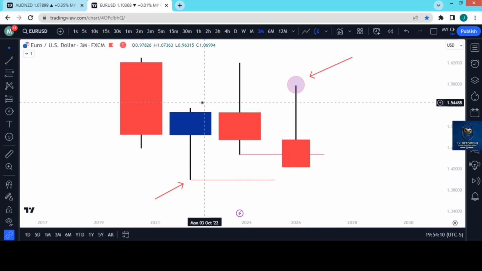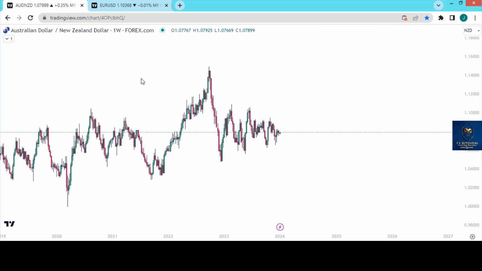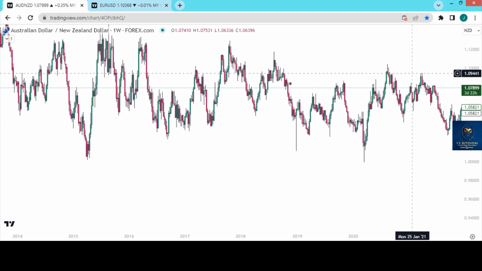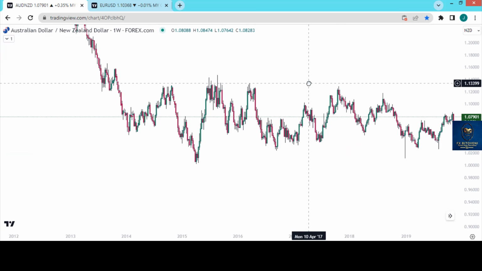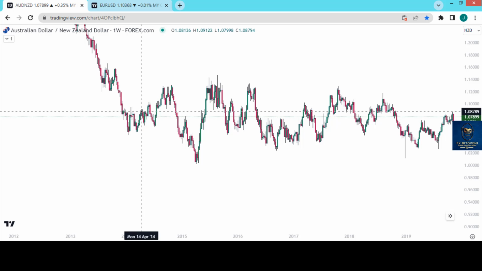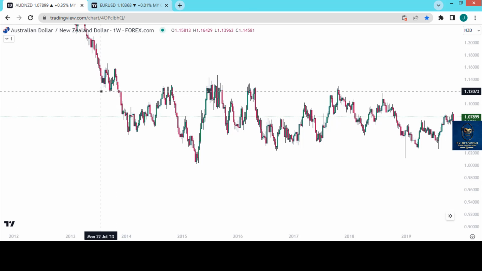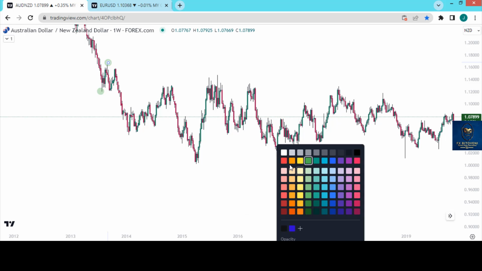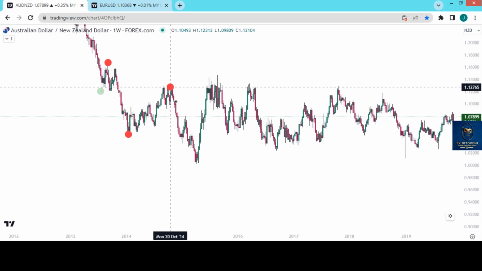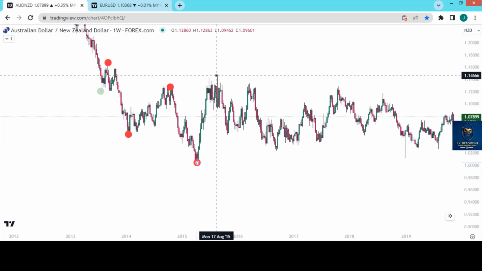So if you come back here to AUD NZD, you can simply mark your structure. Let's say this is your structure low, structure high, structure low, structure high, structure low.